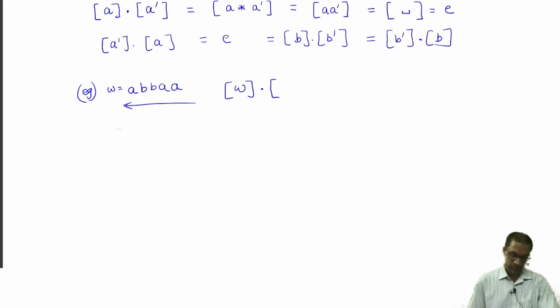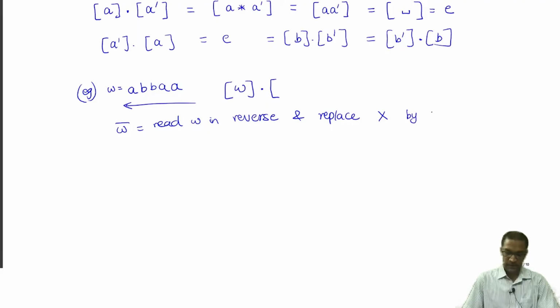So here's the prescription: the inverse of W, let me call it W bar for now, is just read W in reverse and replace each letter by its dash.